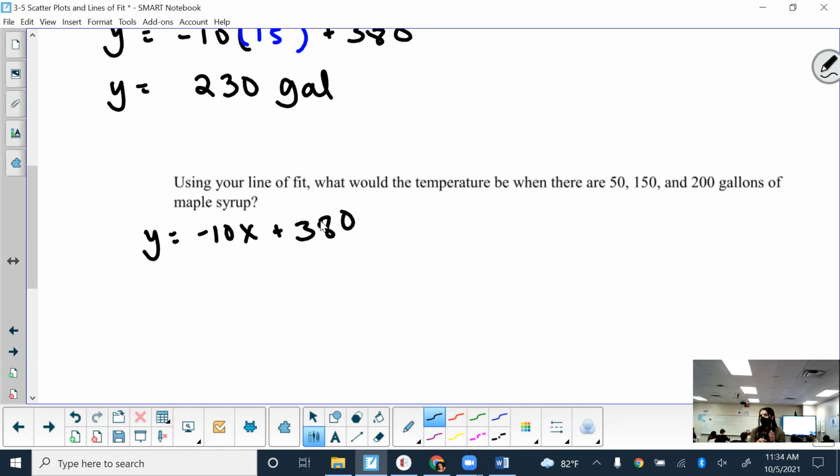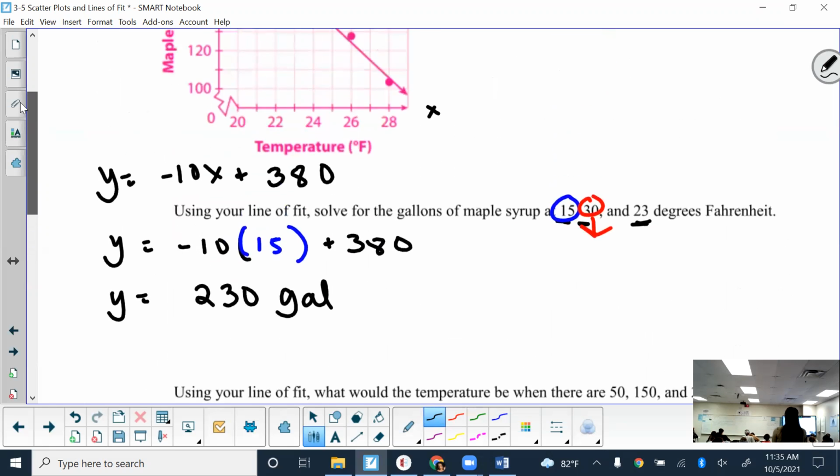We're solving for X. Where are those numbers being inputted? For the Y. Because these numbers represent gallons of maple syrup. What axis is the gallons of maple syrup on? The Y-axis.